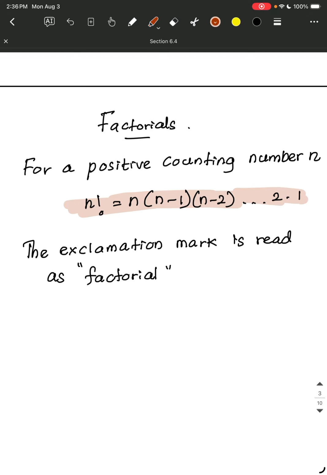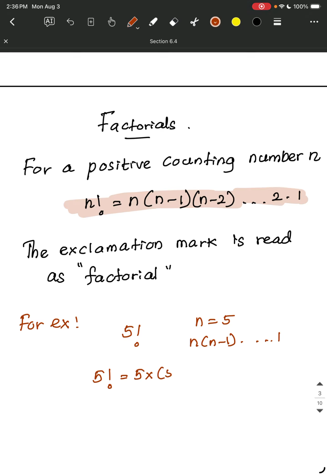For example, 5 factorial. Here n equals 5, so 5 factorial means n times n minus 1 times, up to 1: 5 times 5 minus 1, 5 minus 2, 5 minus 3, like this.